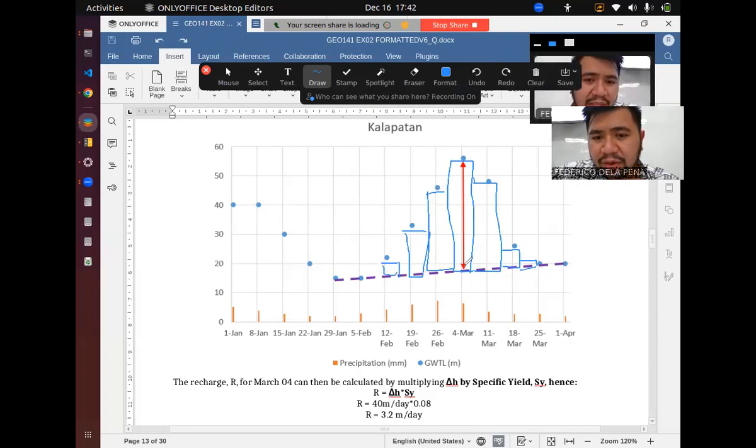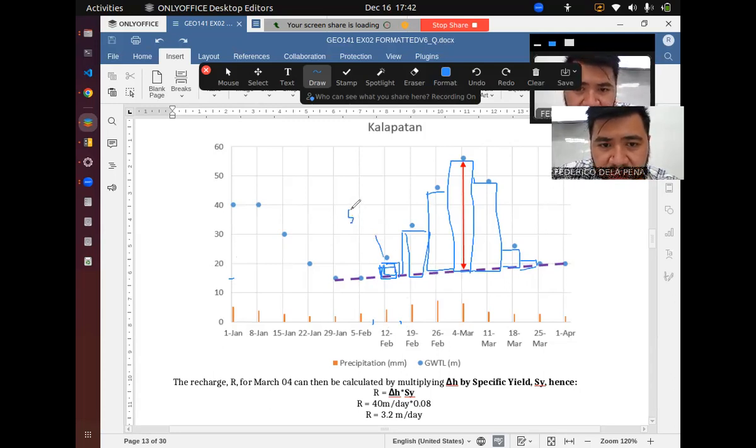So itong week na to, so let's say itong first week, no? Itong first week, halos wala ka namang recharge. And then yung week na nakasenter sa February 12, meron kang 7 days and meron kang fluctuation na 5 meters, no?